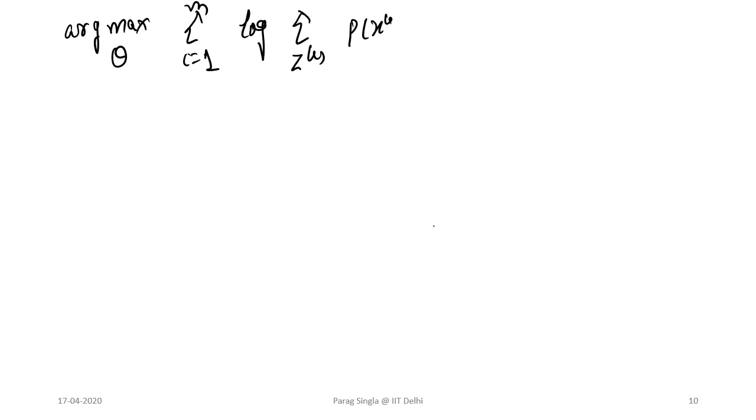Right, so for our problem, remember now we wanted to compute this expression: argmax of theta, sum over all examples, log of sum over zi's p of xi, zi parameterized by theta.